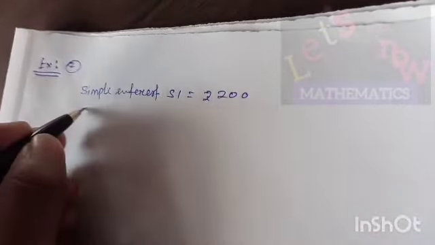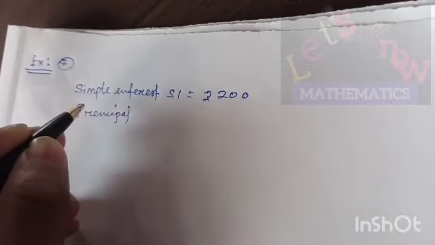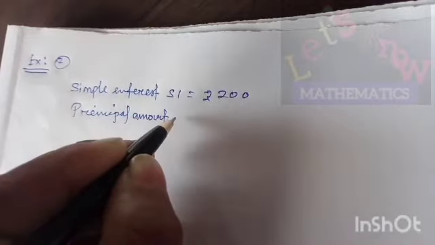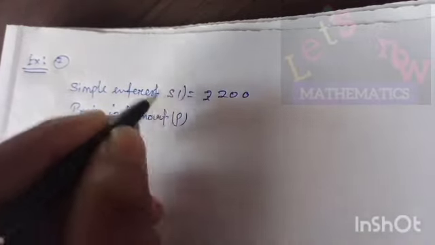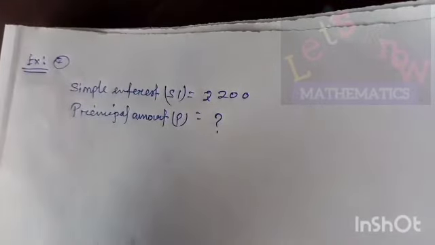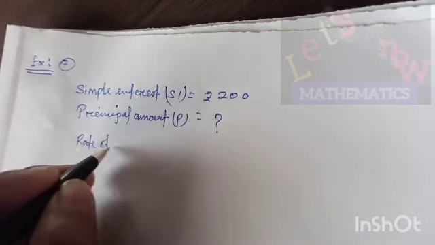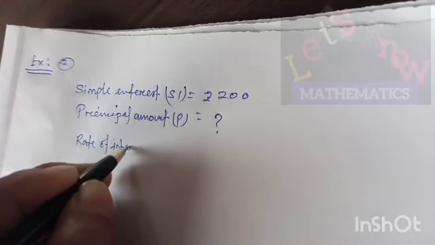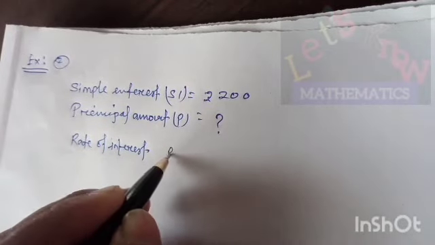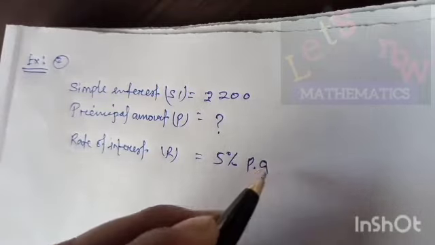Then suppose the principal amount P is what you are required to find. Principal is not given. Then the rate of interest R is given as 5% per annum.